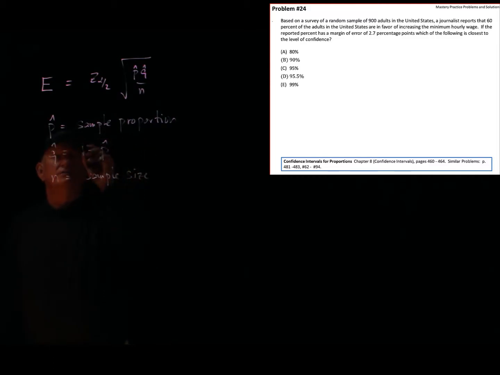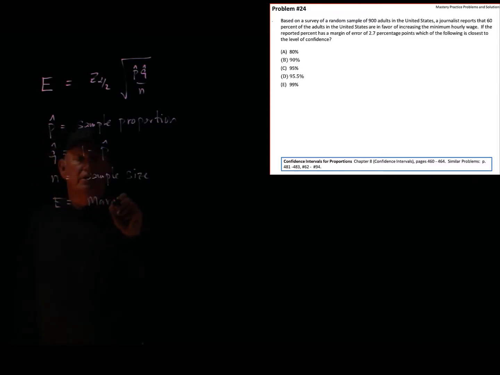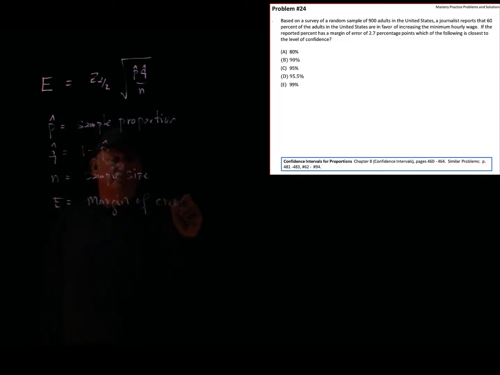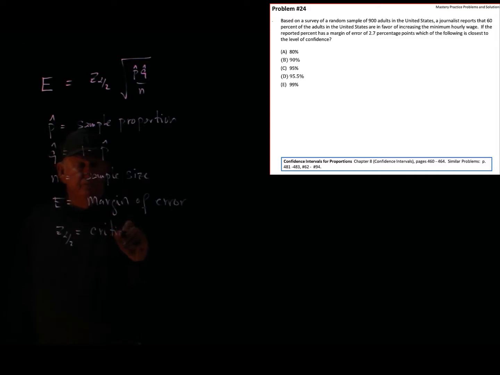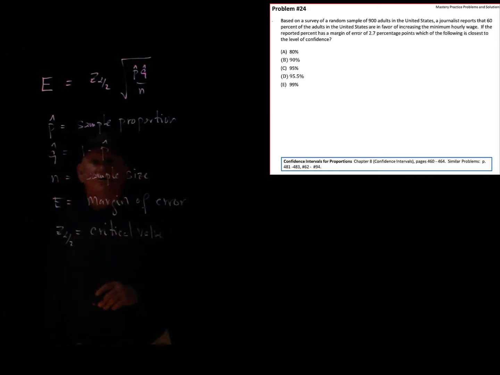E is the margin of error. And what we're after is z alpha over 2, which is the critical value. So where do all these things come from?